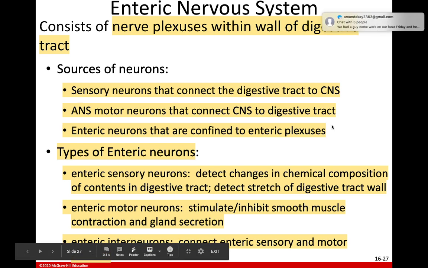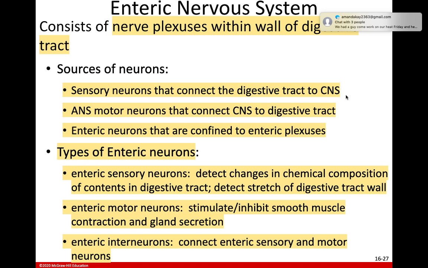And then we also have enteric interneurons, which are basically just like any other interneuron. They connect the enteric sensory neurons to the enteric motor neurons. So again, you have these enteric nerve plexuses in the wall of the digestive tract that are concerned only with digestive organs and the digestion of food and nothing else.